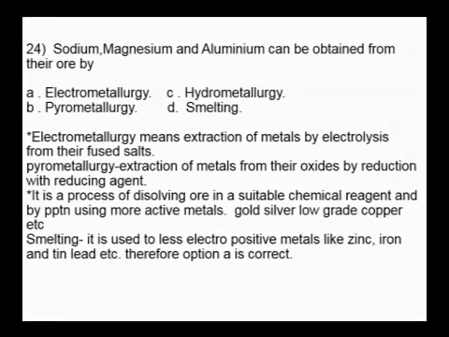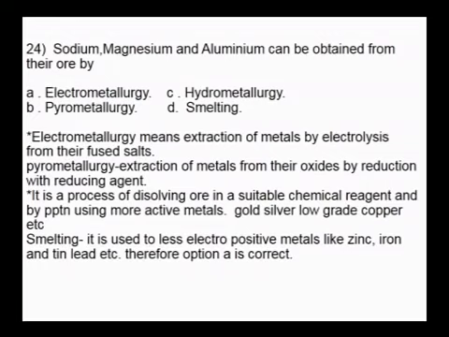It is the process of obtaining impure metals by heating to high temperature using a suitable reducing agent. The third one is hydrometallurgy. It is a process of dissolving ore in a suitable chemical reagent and then precipitation using more active metals. Gold and silver, low grade copper, etc. are obtained by this method. Smelting is a process used to obtain crude metals at high temperature.